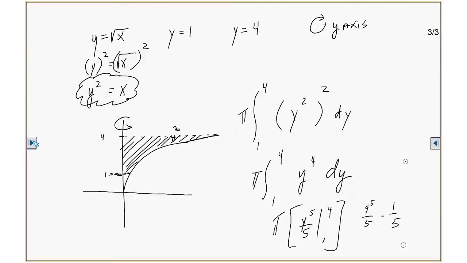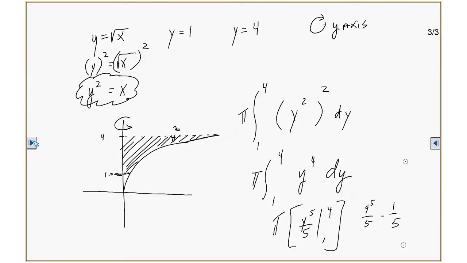And 4 to the 5th is going to be some number. What is that? 16 times 16. Well, 14 times 14 is 196, 15 times 15 is 225, so 16 times 16 is 256. Somebody check me.